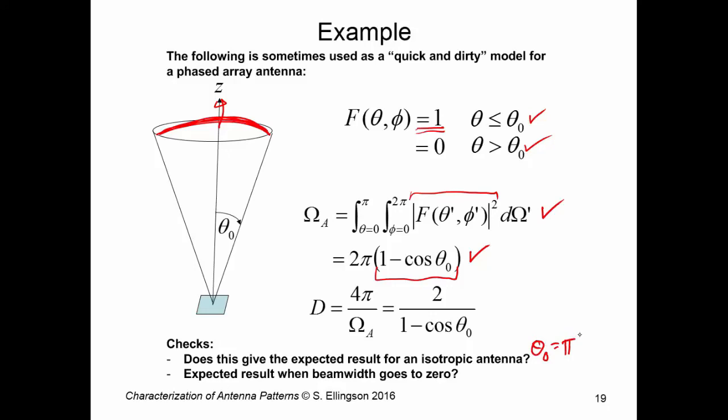So you could ask yourself, does this expression give you the right directivity for an isotropic antenna? The second thing you can ask yourself is, does this give you the expected result when the beamwidth goes to 0? So in other words, if theta naught goes to 0, what happens? And is that the expected behavior? I won't go through those two checks with you, but you should, and make sure they make sense to you.